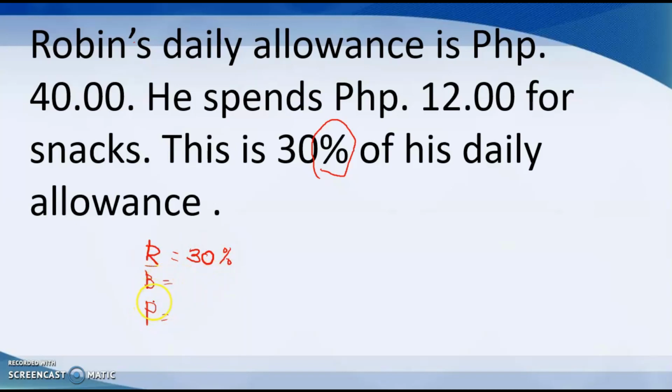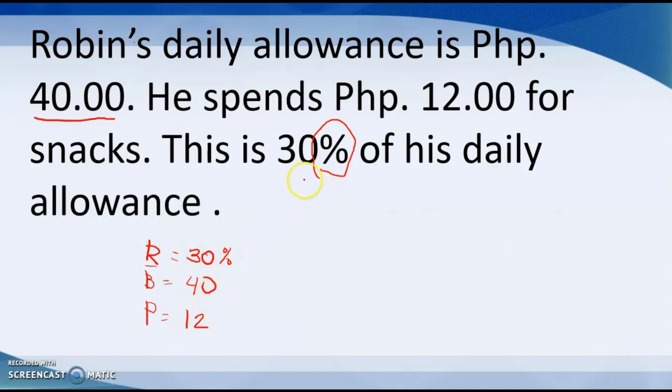According to our definition, yung base natin is the total or the whole, yung kabuuan. So, kung pinag-uusapan natin dito is about Robin's daily allowance, so magkano yung daily allowance ni Robin? Yung kabuuan, yung buong buo na walang bawas. So that is 40. So, yun yung base natin. Syempre, yung natitira, that will be our percentage.